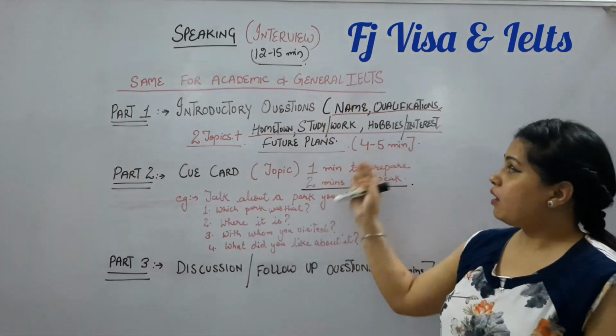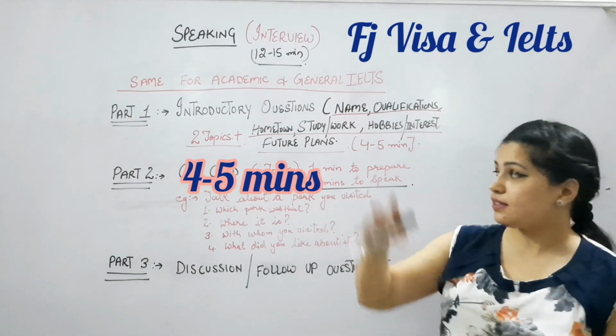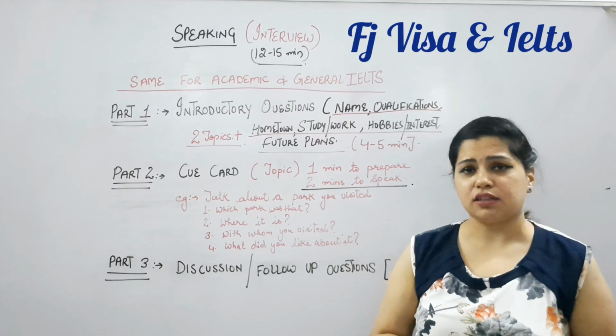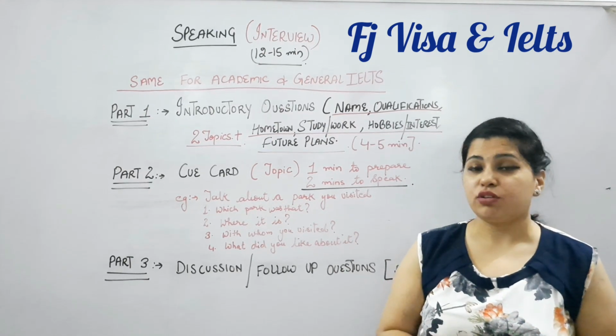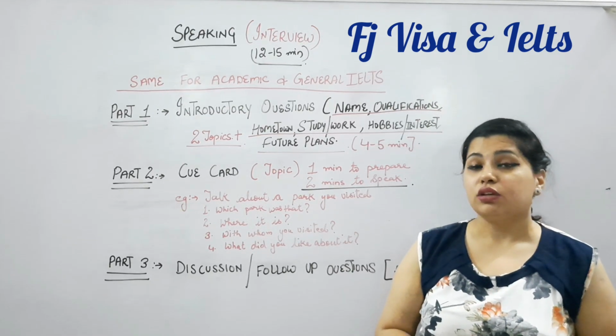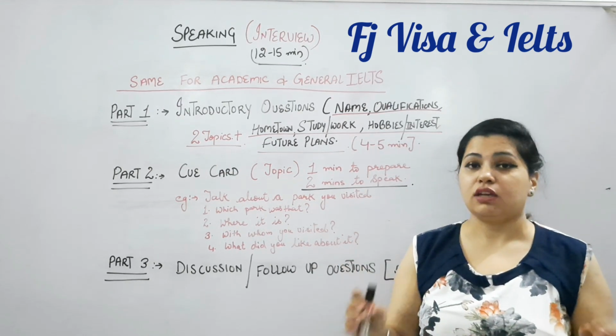So, the introductory part lasts for about 4 to 5 minutes, and approximately 8 to 10 questions of this type can be asked in your part 1. So, the tip for this section is, as I have already said, this is the easiest part of the speaking module. So, here you have to be very relaxed, calm and composed.